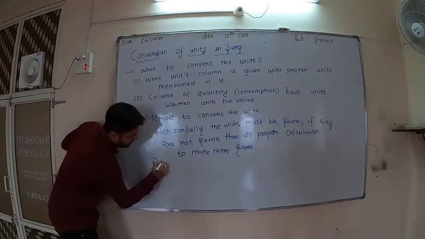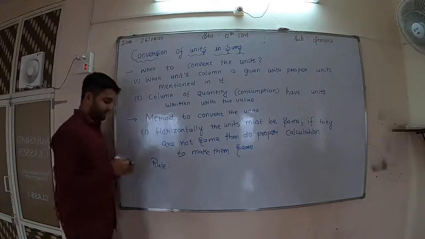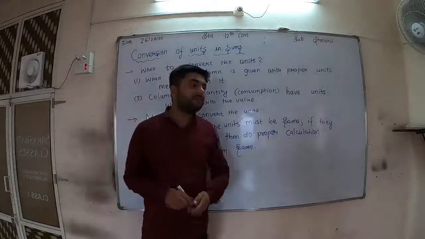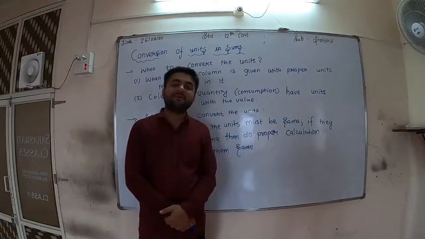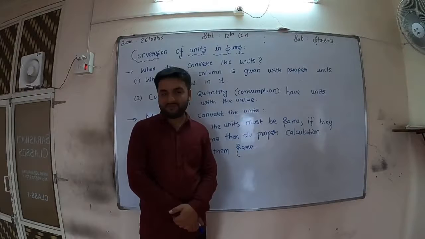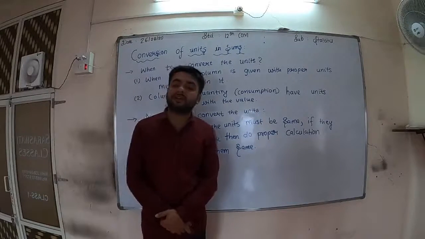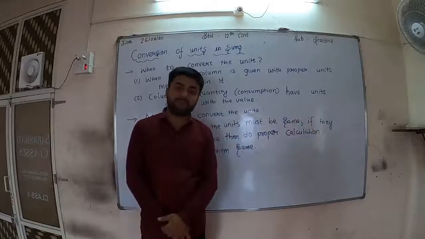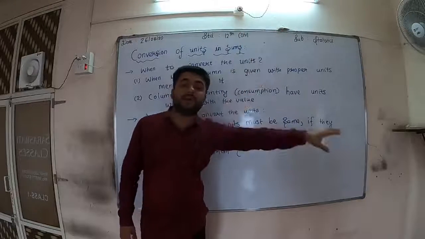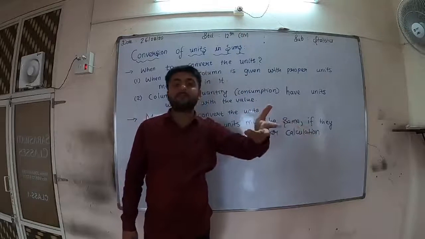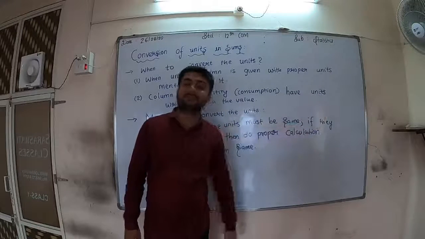Now for that some rule is also required. I know many of you may not know the rule whether to multiply or to divide. If we need to convert 1 kg to gram, kg is the big unit and gram is the small unit. That also is important.